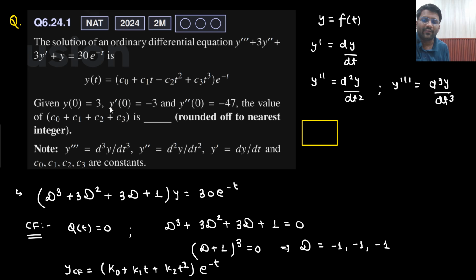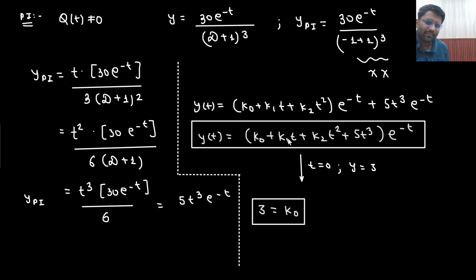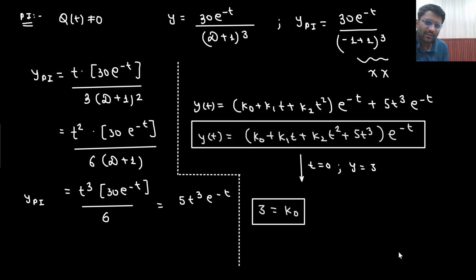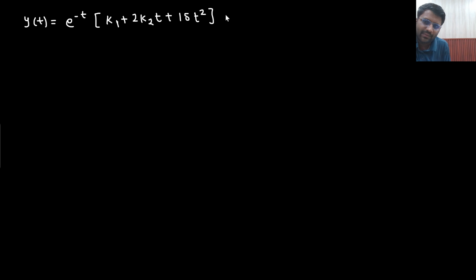Next you need to differentiate y of t. Here you need to double differentiate y of t. So first let's differentiate y of t. E to the power minus t as it is, then differentiation here makes k1 plus 2k2t plus 15t square.